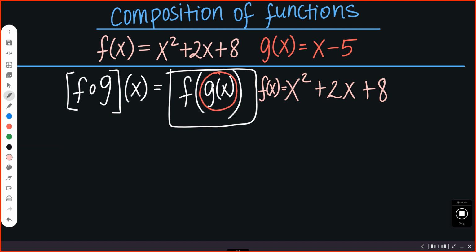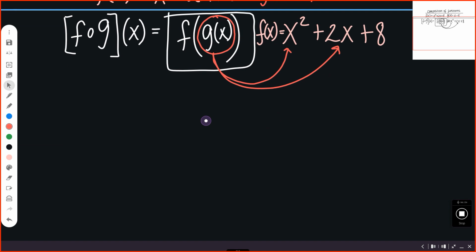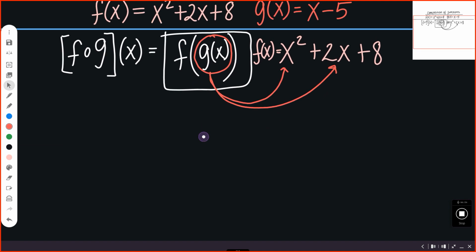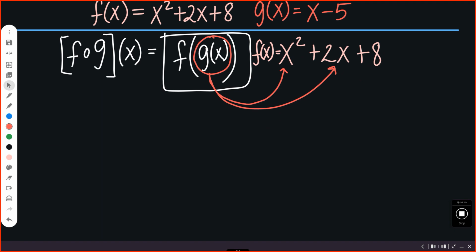What I'm going to do is substitute g of x, which is another function, for every x that I see. It's replacing all those x's. So we have something that looks like this. g of x is x minus 5, so every time I see an x here for f of x, I'm going to put some parentheses in there. We have x squared plus 2x, again parentheses, and then plus 8.